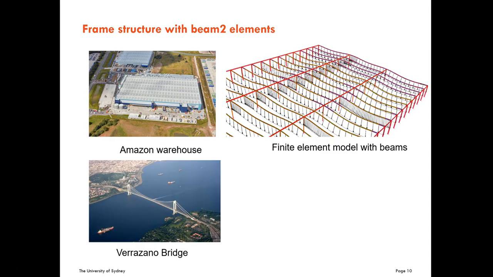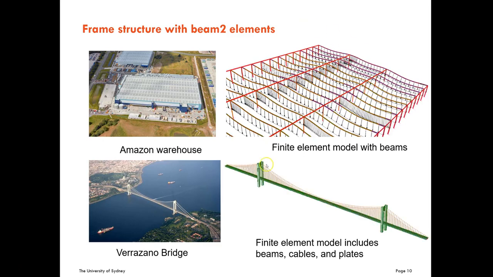So in the Verrazzano bridge, we can model these structures using beam2 elements only. The cables can be modeled like beam2 cables. The towers can be modeled so that each component is a beam. And the deck members can be modeled like beams too.